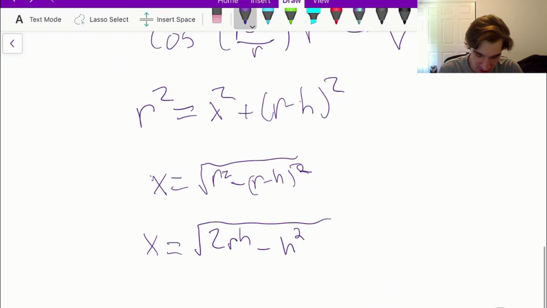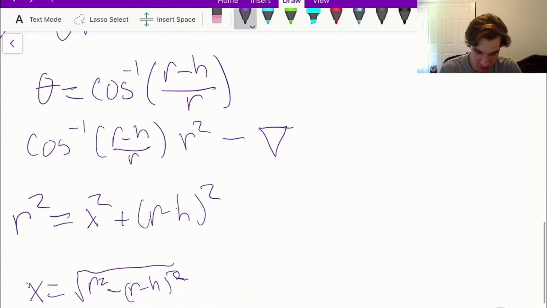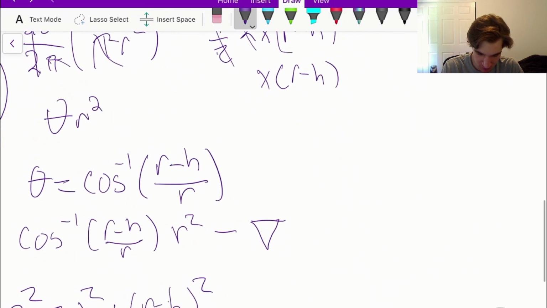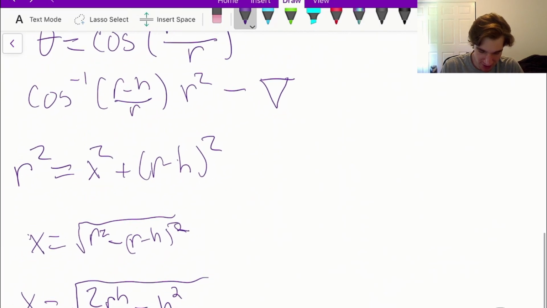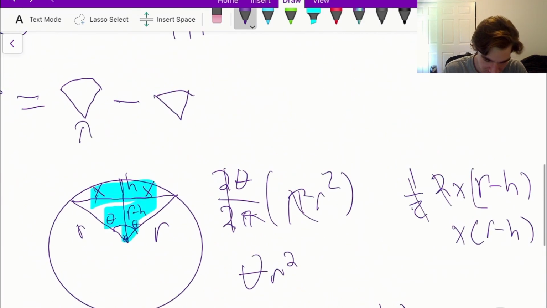So once we get that, we can go ahead and plug that back into our equation right up here. So we get the full area of that small little sliver at the top.